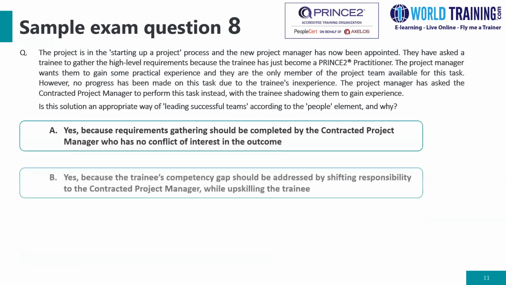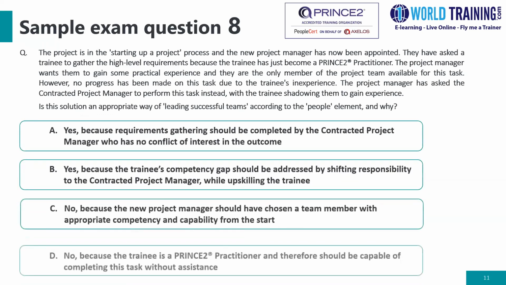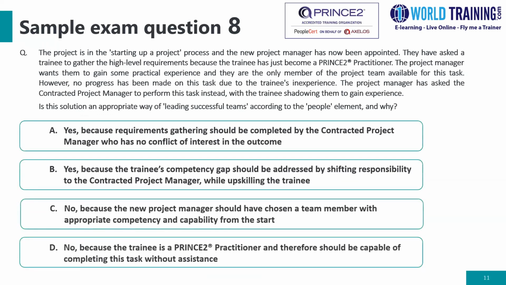Number 8, the project is starting up a project process, and the new PM has been appointed. They have asked a trainee to gather the high-level requirements because the trainee has become a PRINCE2 practitioner. The PM wants them to gain some practical experience, and they are the only member of the project team available for this task.